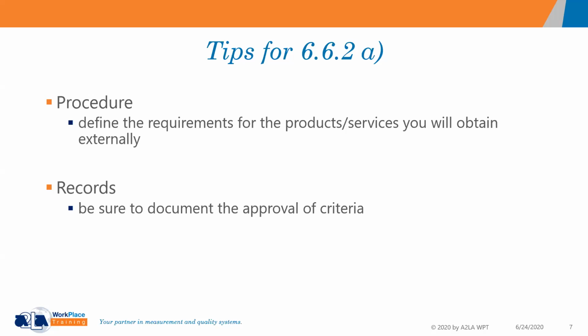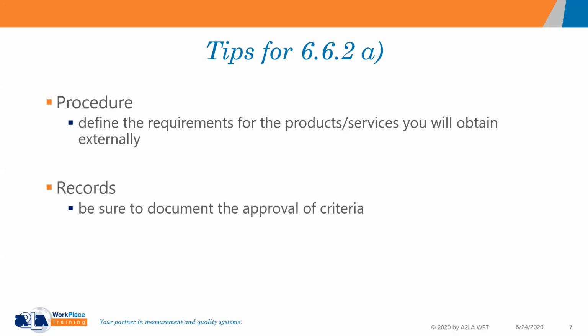And when it comes to the records, when it comes to approving the criteria, which is one of the requirements in 6.6.2A, you just need to have something as simple as approving the procedure, having some sort of approving authority that approves a procedure that has this criteria defined, someone who can look through it and say, yes, this is sufficient criteria for whatever product or service that I'm looking to have for my organization. And I'll touch a little bit on criteria later when I wrap up 6.6.2.